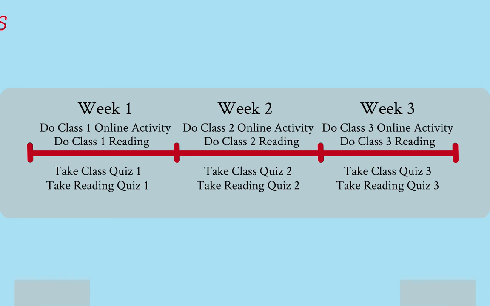So here's an example of how you'll fit all this together. During week 1 of class, which will start Tuesday, August 27th, do the Class 1 online activity, do the Class 1 reading, which is the syllabus, then take the reading quiz.